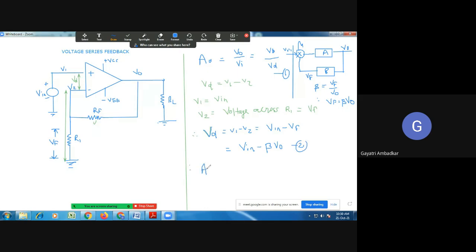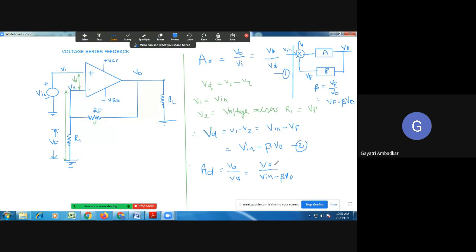Therefore, your differential gain AD is equal to Vo by Vd, that is Vo divided by Vin minus beta times Vo.